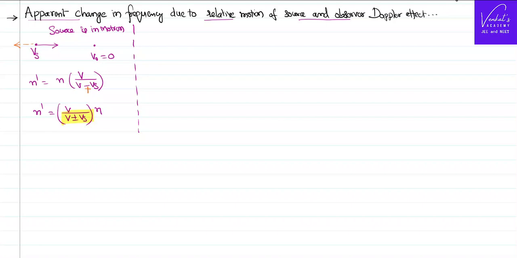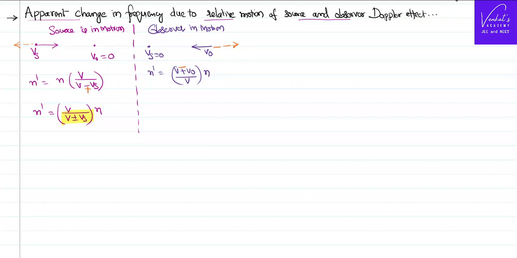Numerator is the same. If you consider the observer is in motion, the derivation also we have made in the previous video. Please look into that. If the source is in the state of rest and the observer is approaching, we have derived the equation for n dash as v plus vo by v into n. And we have also derived that if the observer is going away, in the place of this plus, I will get a minus.